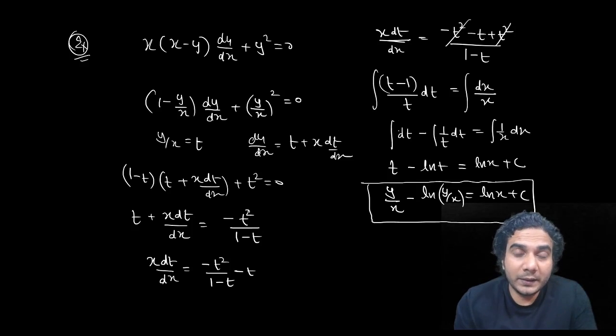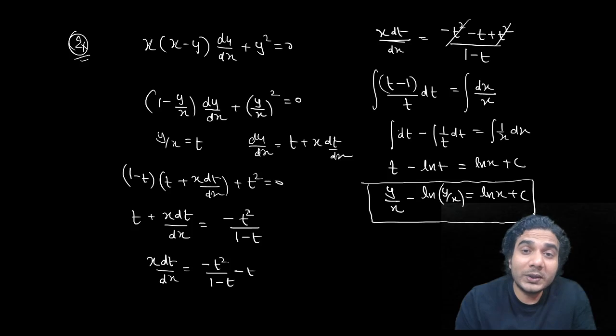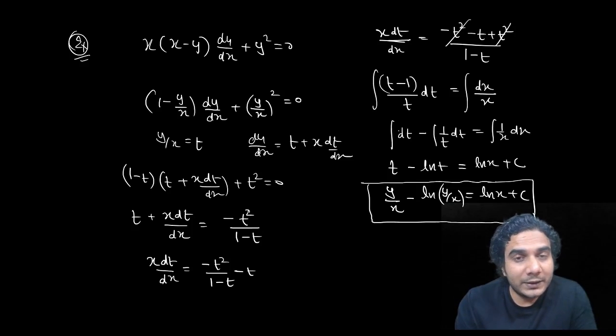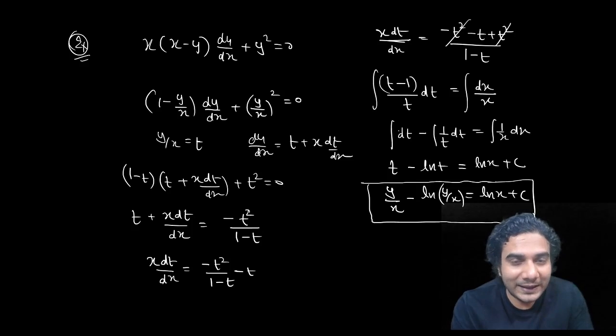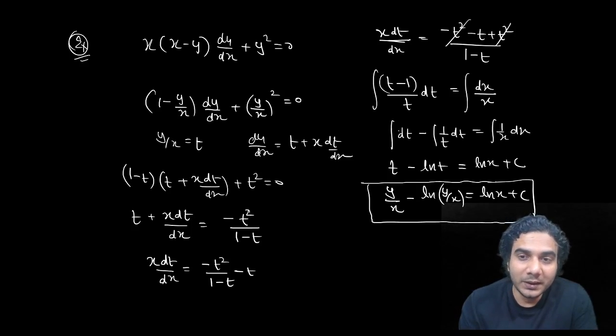And first order linear differential equation also has various types in it, convertible to first order linear differential equation, and along with that we'll learn exact form also. So exact form is very interesting. If the equation is not of any of the types, like homogeneous or this and that, whatever methods we are doing, then there will be only one method, and it is exact form. So I'll explain the exact form, and if you understand that exact form, then it's going to be very, very interesting, okay, for differential equations.